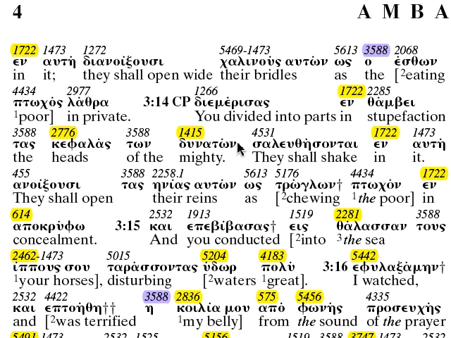And here it's you divided into parts in stupefaction, the heads, the kephalas of the thinaton, the mighty. And here's salefthesonte instead of the other one, which had to do with seismic, shaking. They shall shake in it. They shall open their reins as the poor chewing in concealment. Now, the mighty people are going to be shaken. And basically that's what it's saying. And then things are going to be happening.